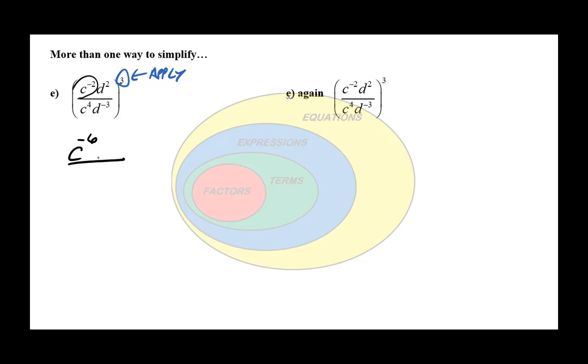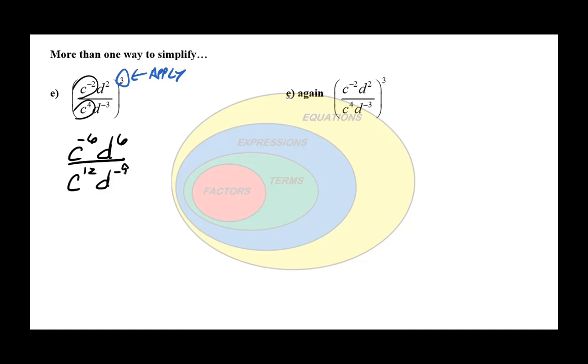D squared would be d to the 2 times 3, or 6th power. C to the fourth in the denominator would be c to the 4 times 3, or 12. And then finally d to the negative 3, if I apply the power of 3, would give me d to the negative 9. So again, every factor, we multiplied exponents.